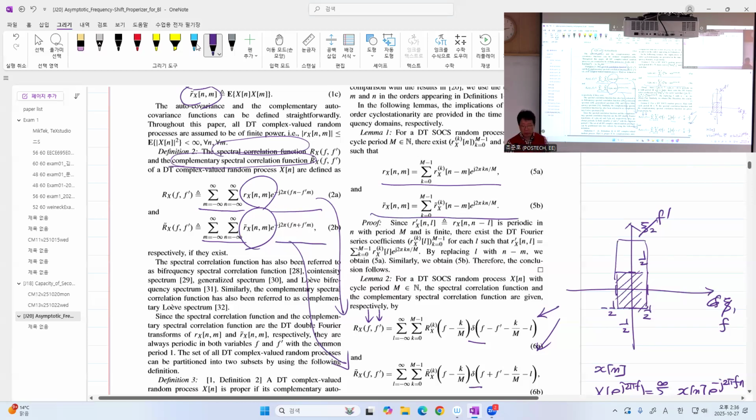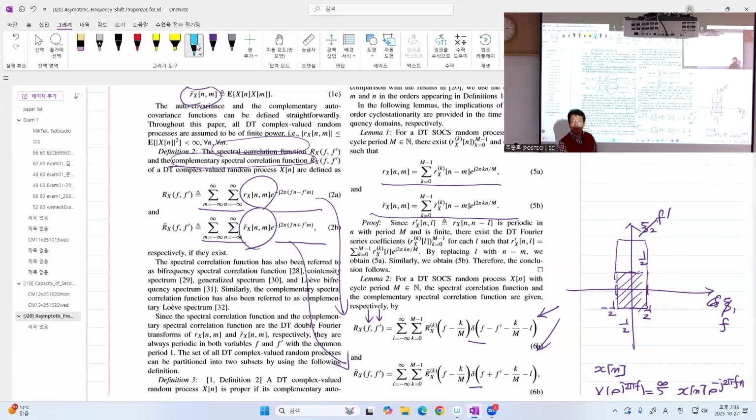Then the question is, where are our impulse fences? And impulse fences are all packed inside this square for discrete time random processes.